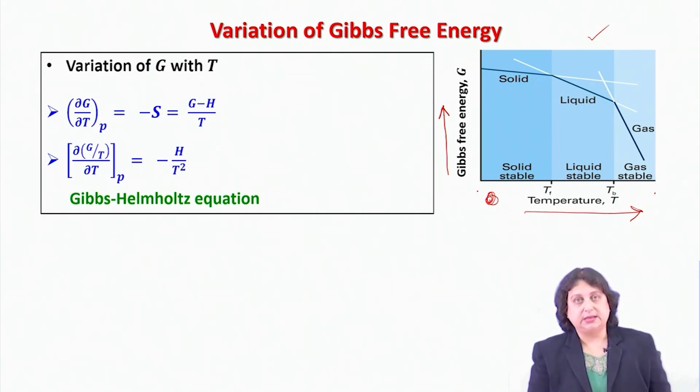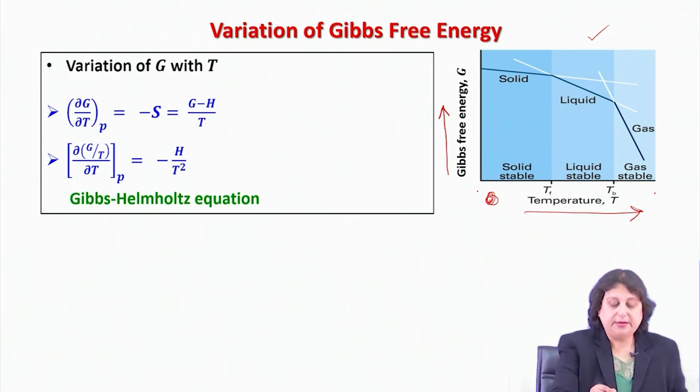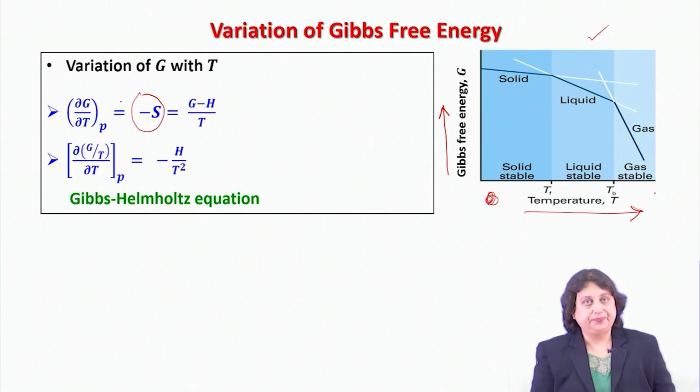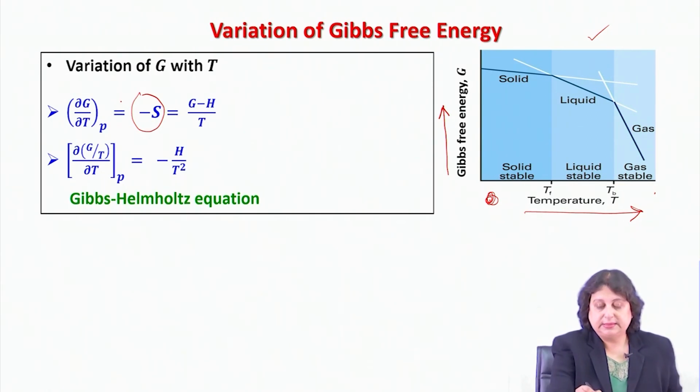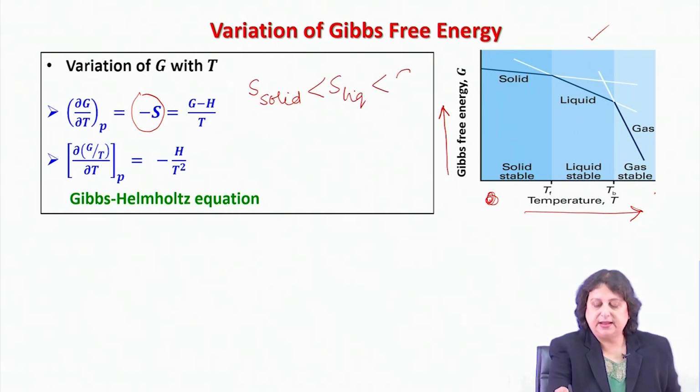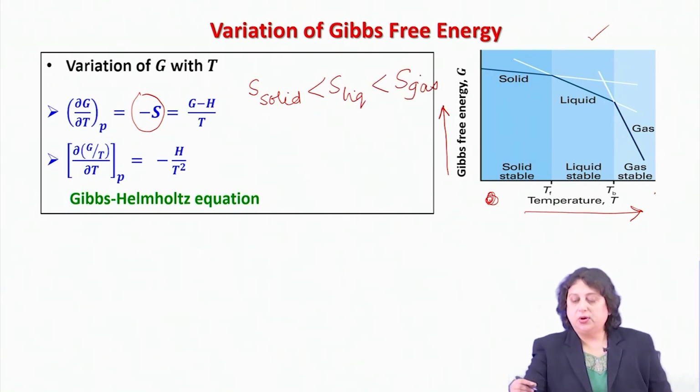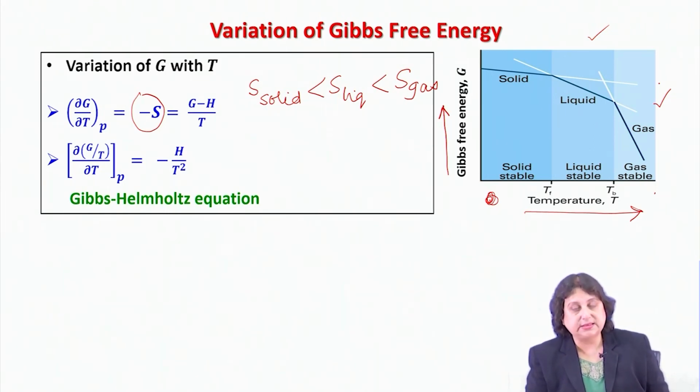Now under this condition, what would be the slope of variation? That will depend on the entropy of the system. Now since entropy of the solid is less than the entropy of the liquid, and this is less than entropy of a gas, therefore I can draw this picture for the variation of the Gibbs free energy for all the three phases of this pure substance.